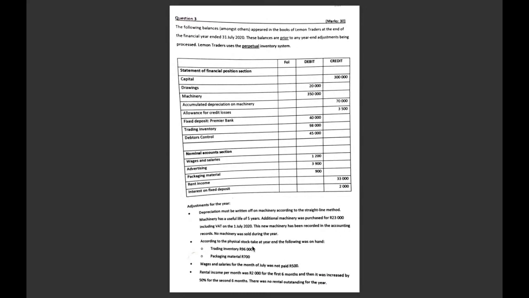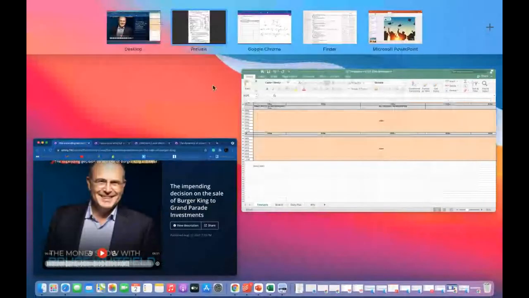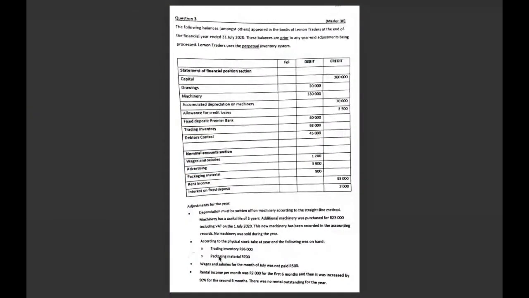It says, according to the physical stock take at year end, the following was on hand. Trading inventory, 96,000. Okay. But if we look at trading inventory over here, we have 98,000. So somebody tell me which accounts are affected with the trading inventory. Okay, we're 2,000 short of what is actually in our books.